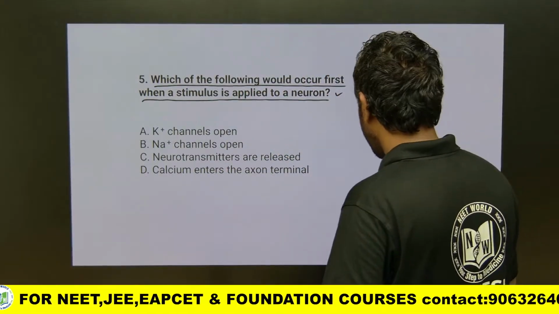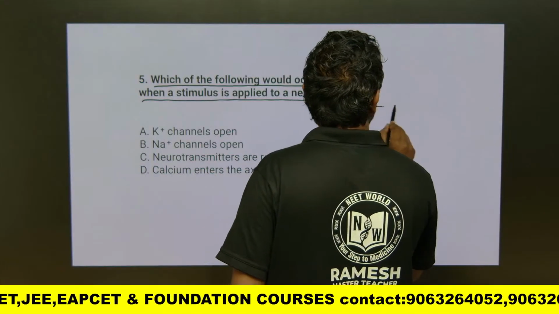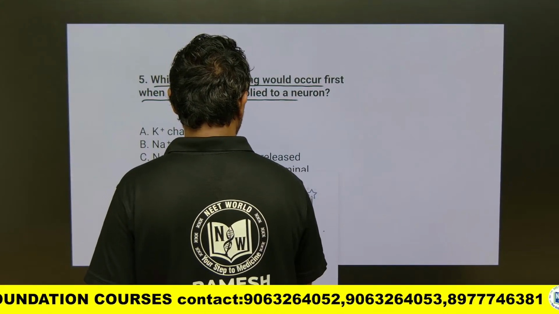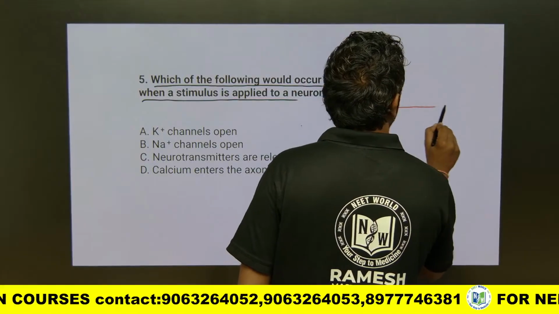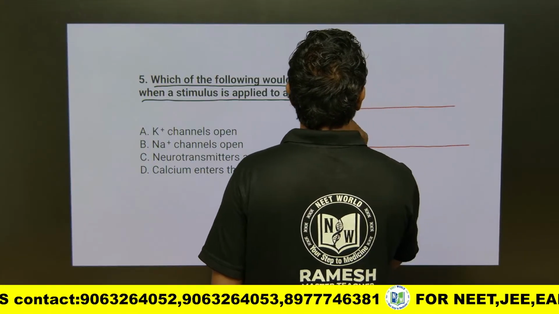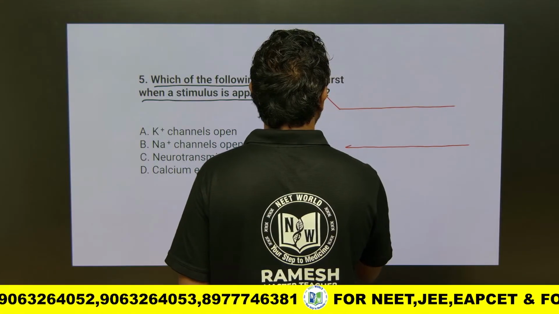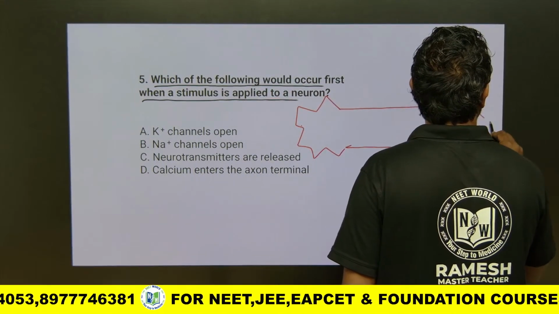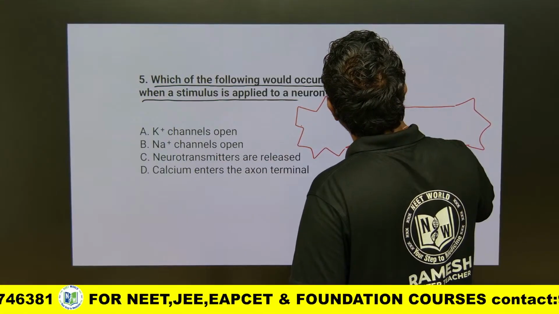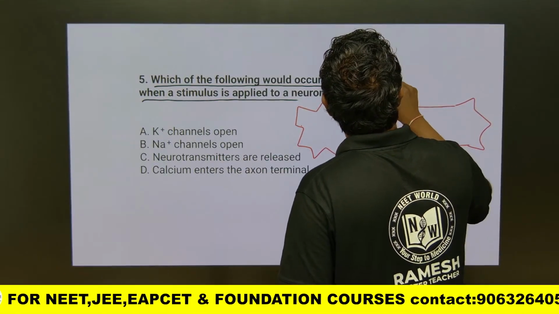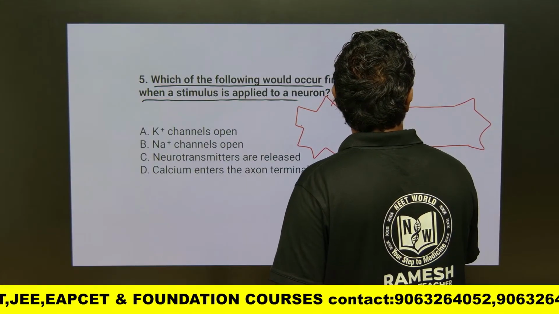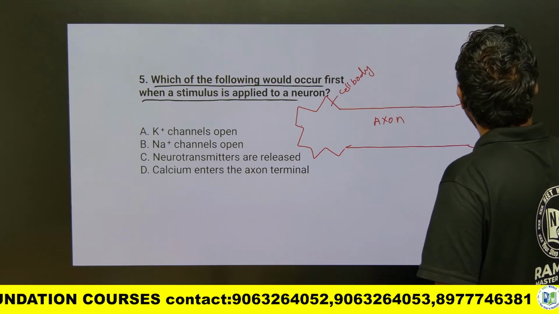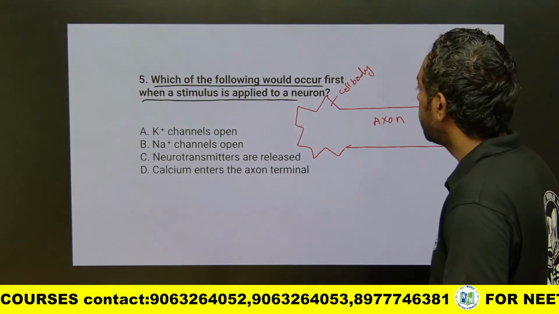If this is the neuron, it has the cell body, axon and dendrites, with the end of the axon at the end of the neuron. Guys, just look into this.